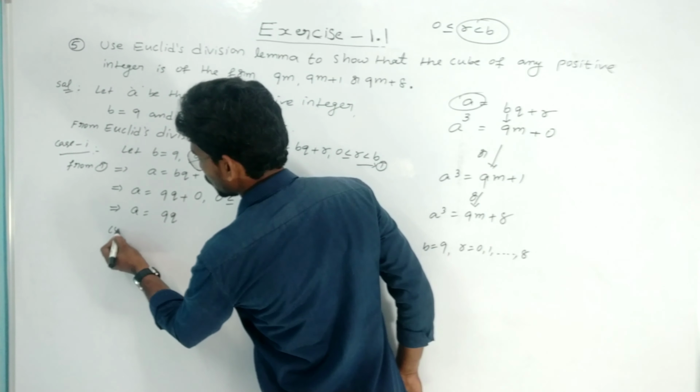So a is equal to 9q plus 2, where the condition 0 less than or equal to r, which is 2, less than b, which is 9. Here a is only a positive integer, but we want the cube of a positive integer, that's why cubing on both sides.